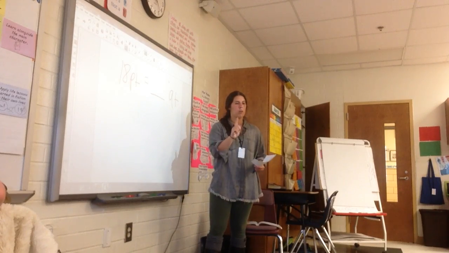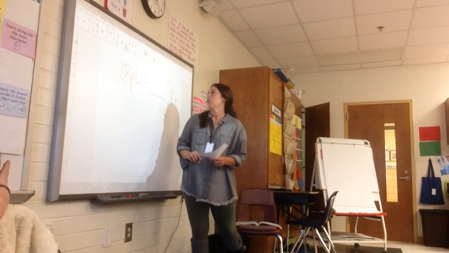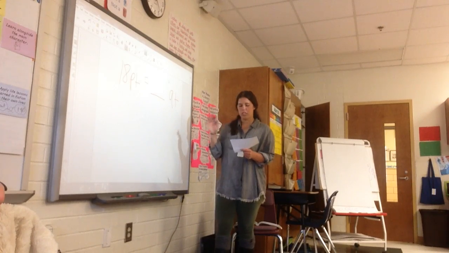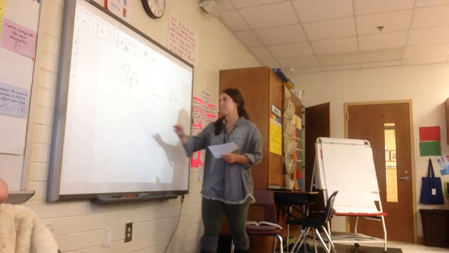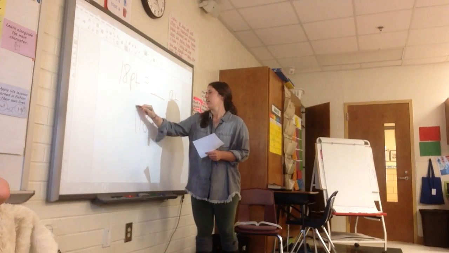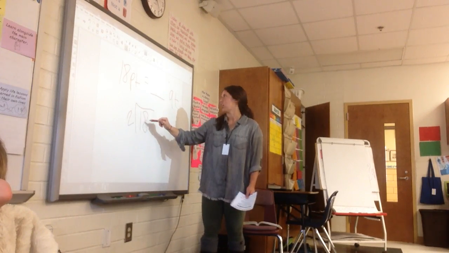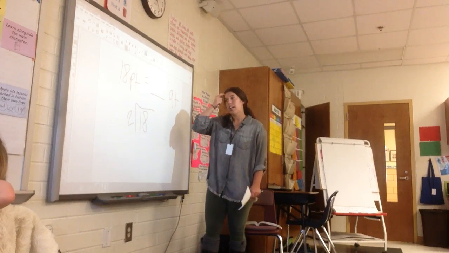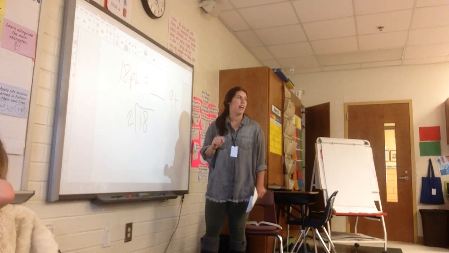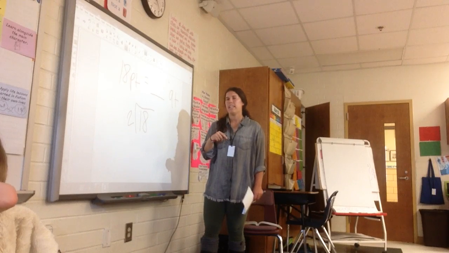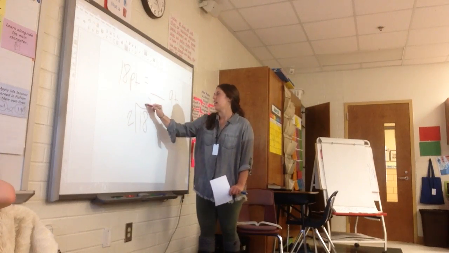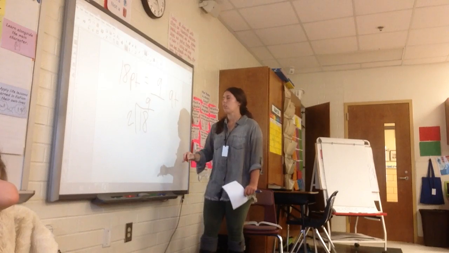How many pints are in 1 quart? 2. So we're going smaller to bigger. What are we going to do? Divide. So 2 pints go into 18 pints to get how many quarts? 2 goes into 18 how many times? 9. So there's 9 quarts.